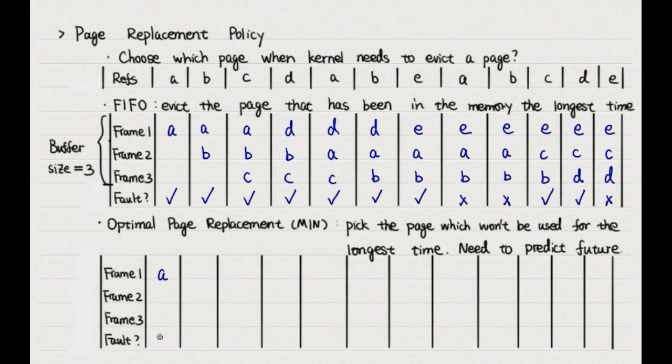We have A here, and B, and C. Now we have D, and we look forward and find that C will not be used for the longest time, so we replace C with D. Now we have A, and A is already in memory, so no page fault. We have B, and B is in memory, no page fault.